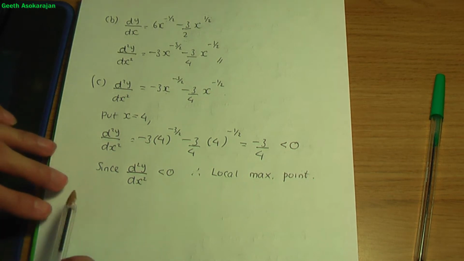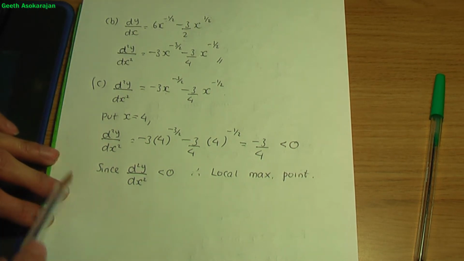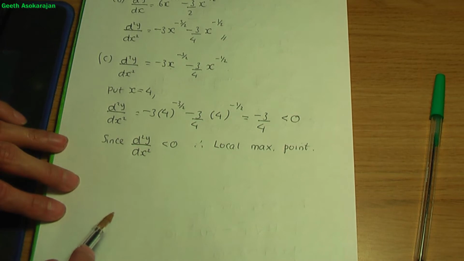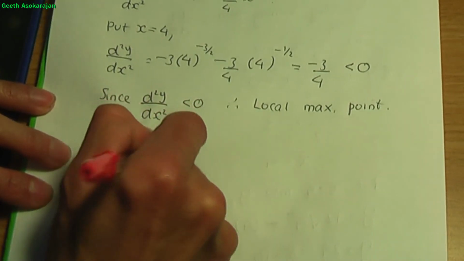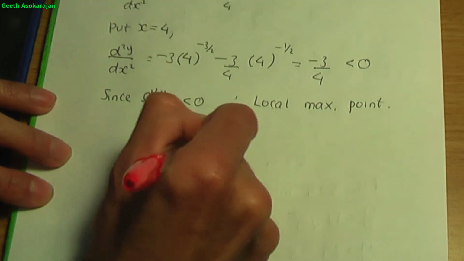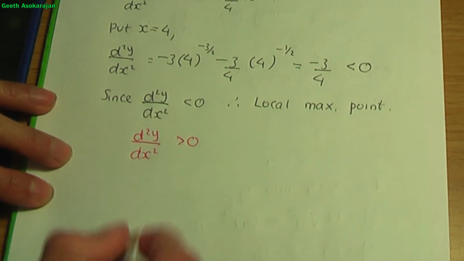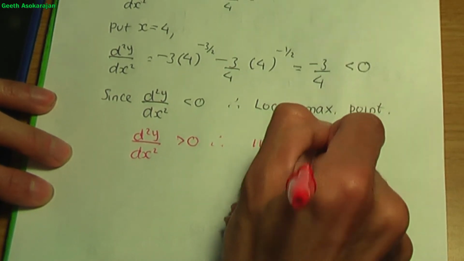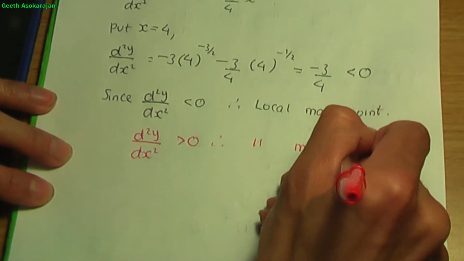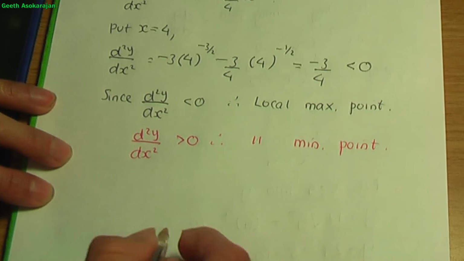Now, if you're unaware of the second derivative test, I have done a video explaining the test and I'll provide a link to that video in the description below. But let me remind you of the other two conditions. Supposing you have d2y over dx squared bigger than 0 at the turning point, in this instance you'll have a local minimum turning point.